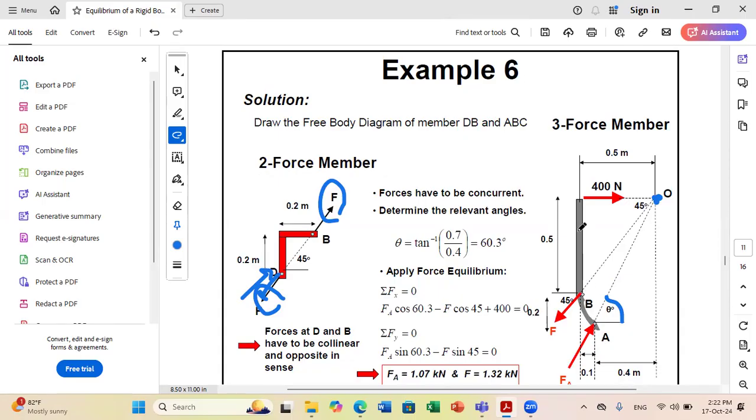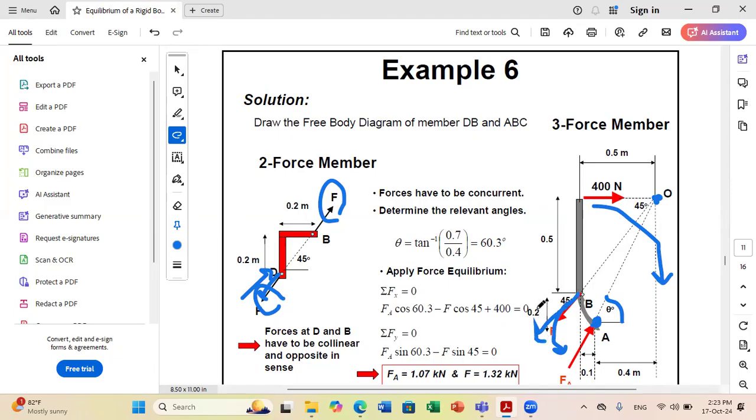This member is in equilibrium, so sum of moments about A should be 0. FA is passing by A, so it cannot produce a moment about A. The 400 Newton force is producing a clockwise moment. So F should be directed in a way to produce a counterclockwise moment. From here, you can know that when I take member ABC, F should be downward.